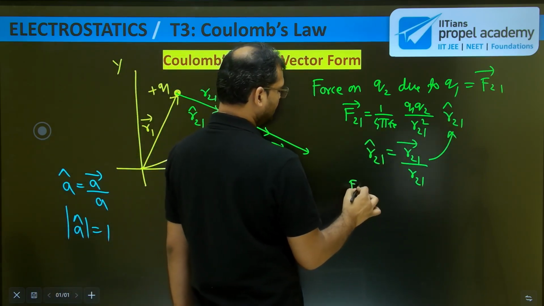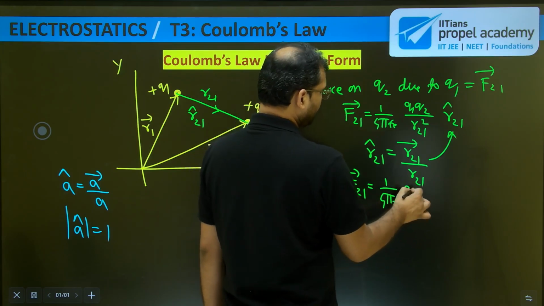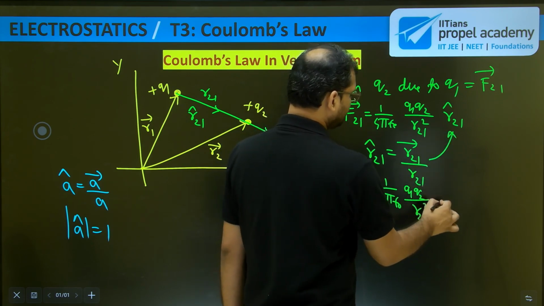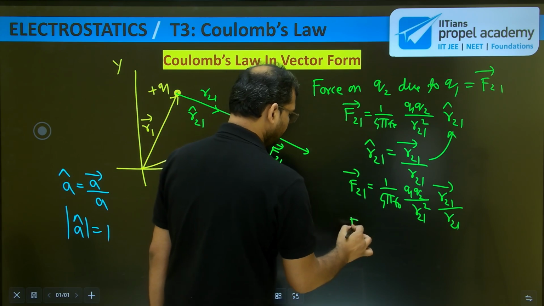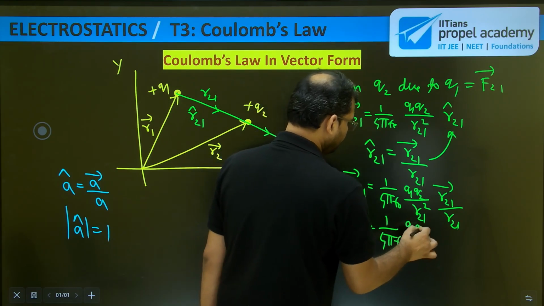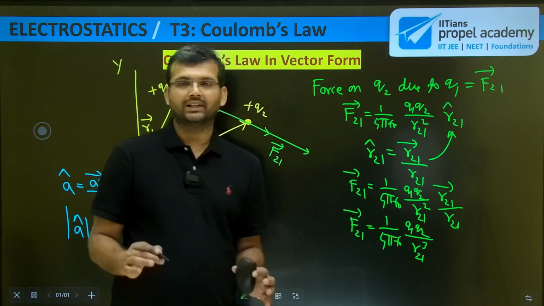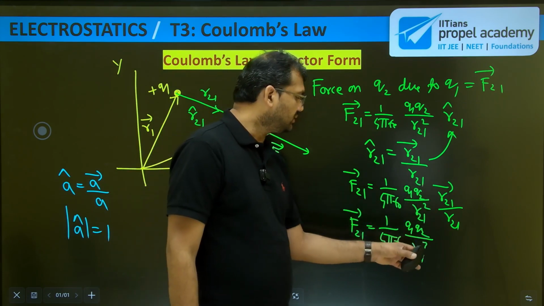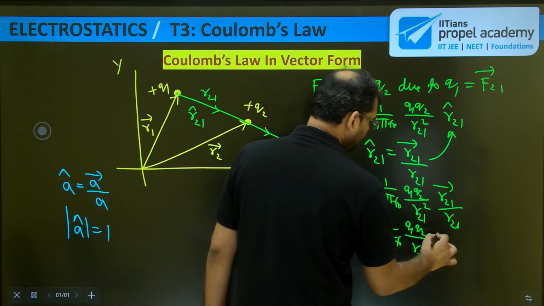So F21 bar is 1 by 4 pi epsilon naught Q1 Q2 by R21 squared, and the unit vector is R21 bar by R21. So you see now, F21 bar equals 1 by 4 pi epsilon naught Q1 Q2 by R21 cube. Until now we had the distance squared, but when you write in terms of a unit vector, you get distance cubed times R21 bar.